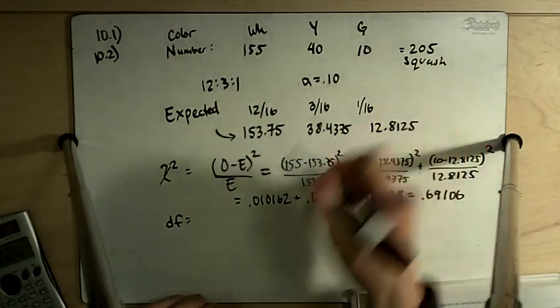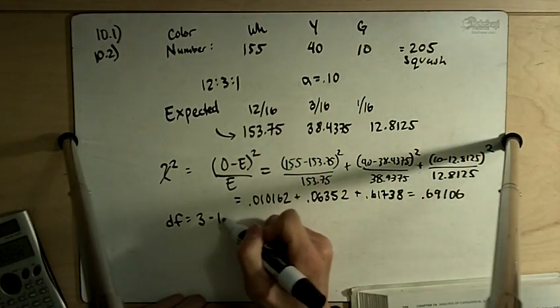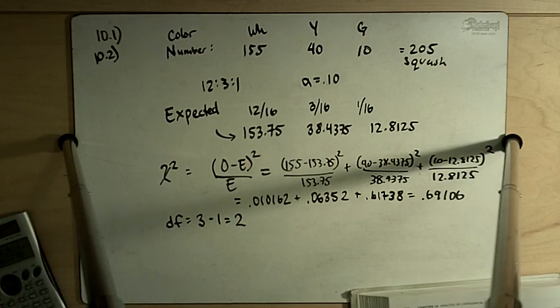Here are the degrees of freedom. We have 3 categories, so it's 3 minus 1. We have 2 degrees of freedom.